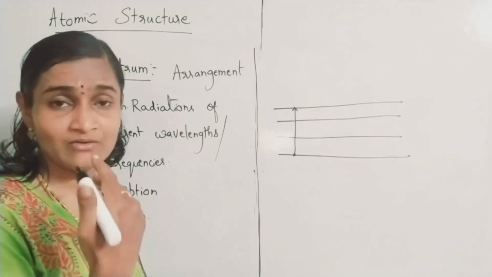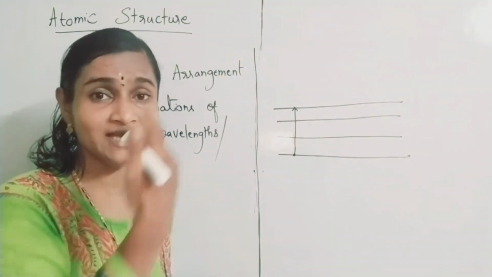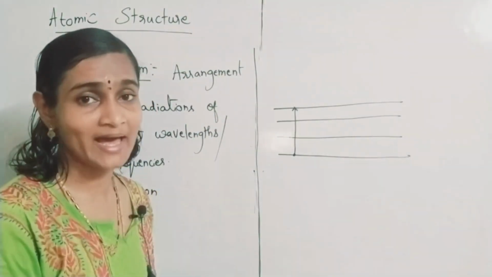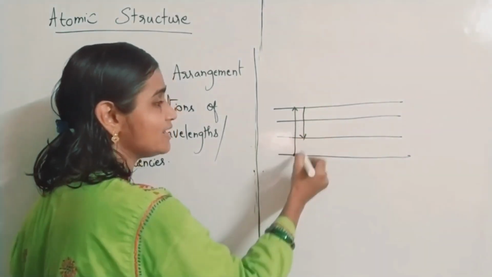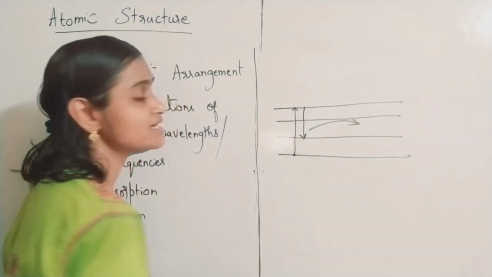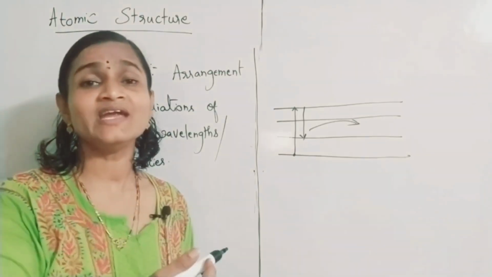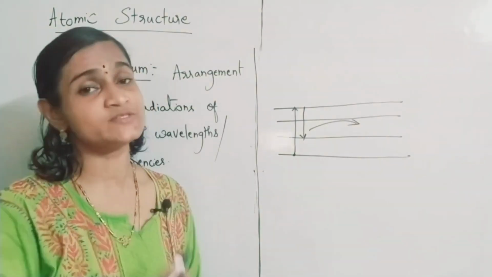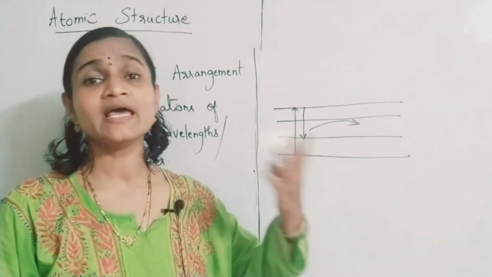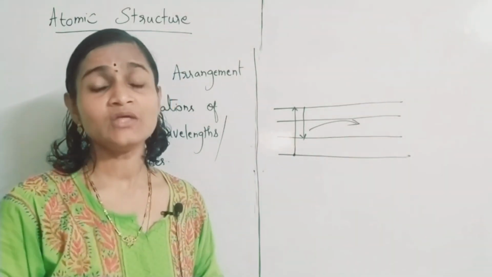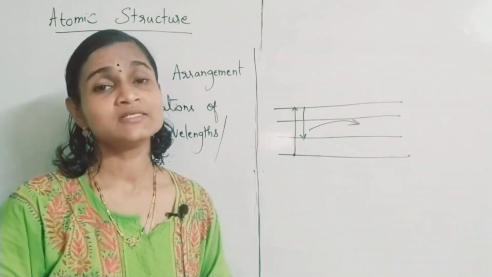While it is unstable in that higher energy level, it tries to come back to its original state. While coming back, some of the energy is emitted in the form of radiation. That radiated light, if it is analyzed through a spectrometer, you will get a type of spectrum.